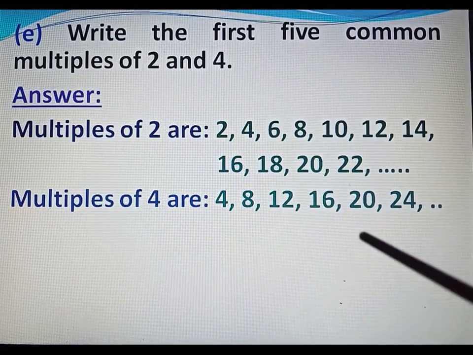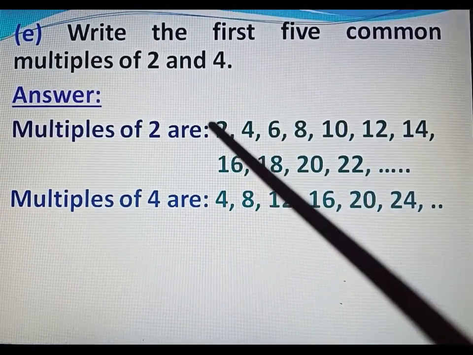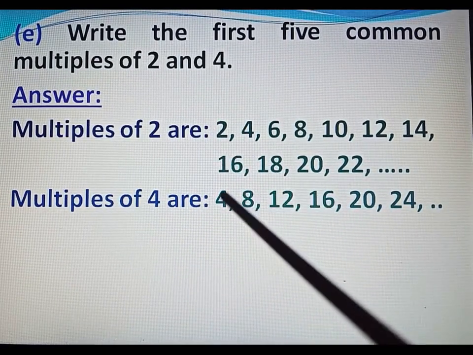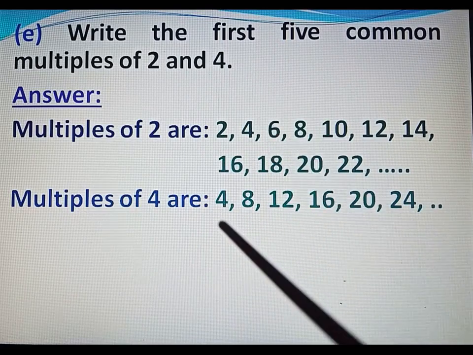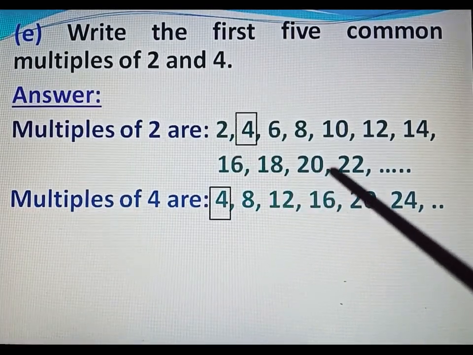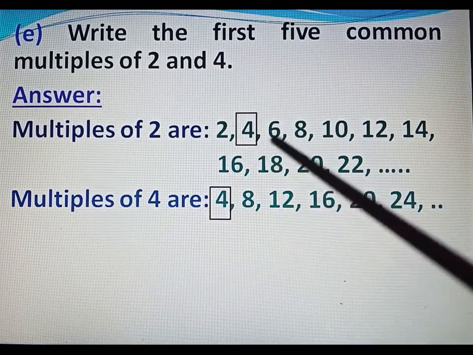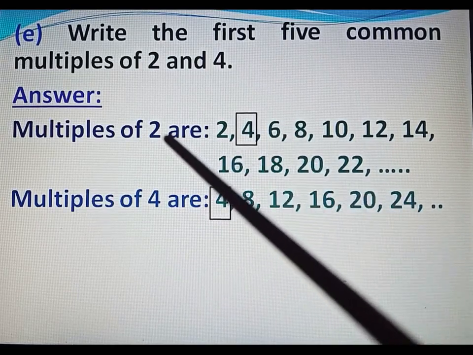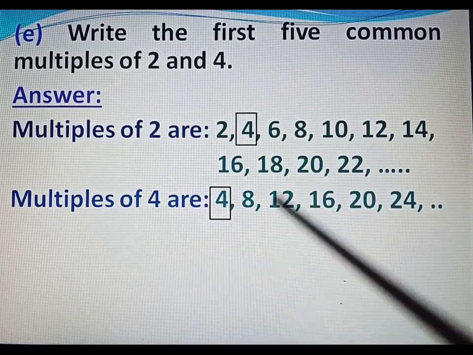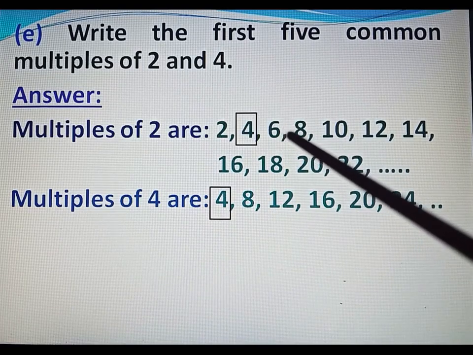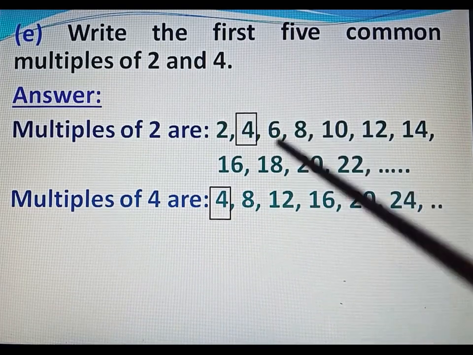Now see, common numbers. See this 2, here it is not, so 4, mark 4. Now next 6. 6 is a multiple of 2 but 6 is not a multiple of 4. So we will not mark this. Now see 8, mark 8.